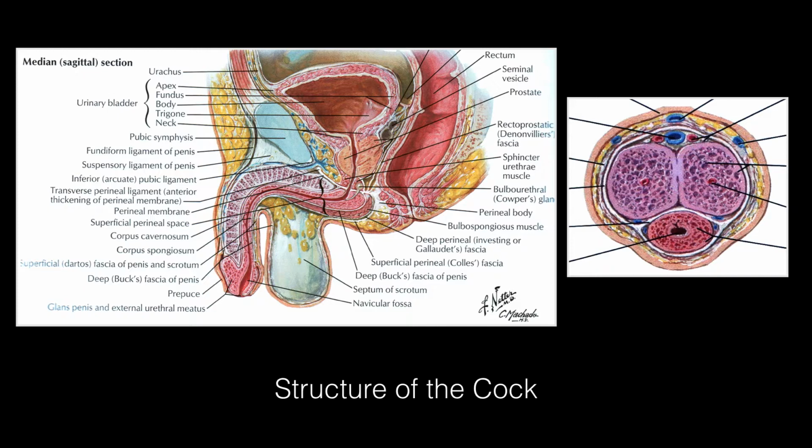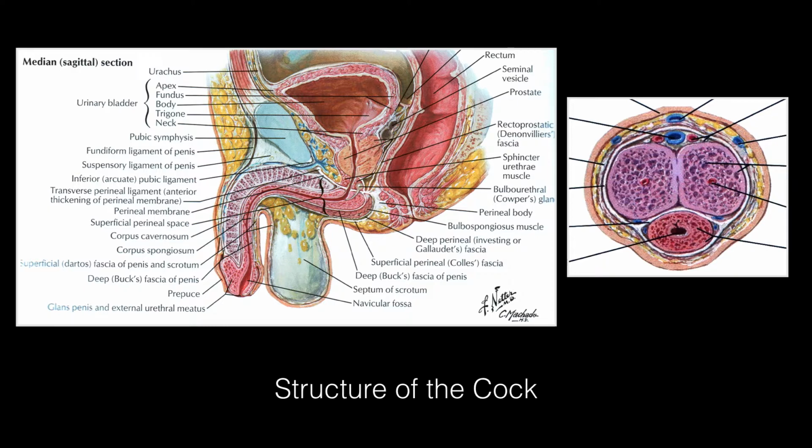Then we can also see the bladder, that empty hollow organ, and the tube that comes from the bladder, the urethra, runs through the prostate and then comes into the penis and flows through the penis and then out the top or the front or the hole, the head of the penis.